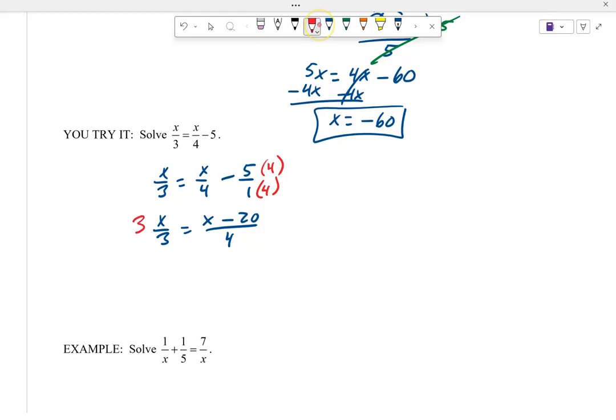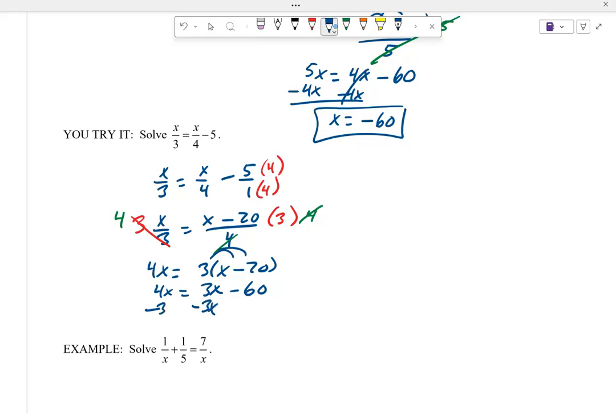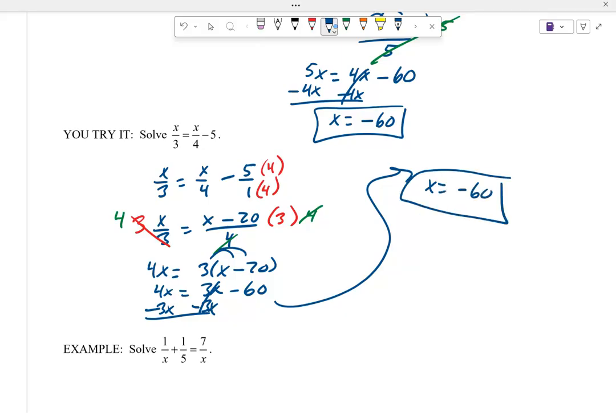So let's clear out the 3, multiply both sides by 3, and then clear out that 4, multiply both sides by the 4 as well. So we've got 4x equals 3 times the quantity x minus 20. So we also get that x equals negative 60 there.